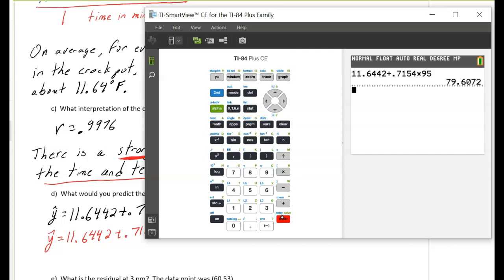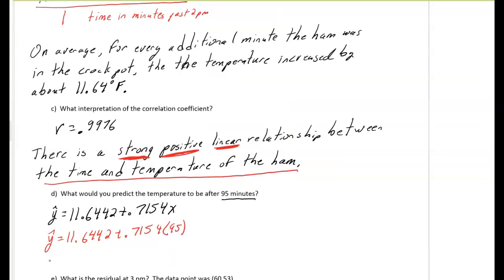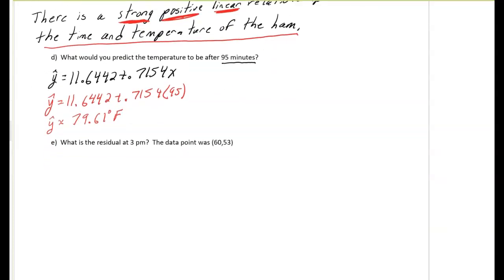And when you do that, you'll notice you get approximately the same answer of 79.61 degrees. So the temperature after an hour, or excuse me, 95 minutes, is approximately 79.61 degrees Fahrenheit. Let's take a look at calculating a residual, which is the last part of this problem.